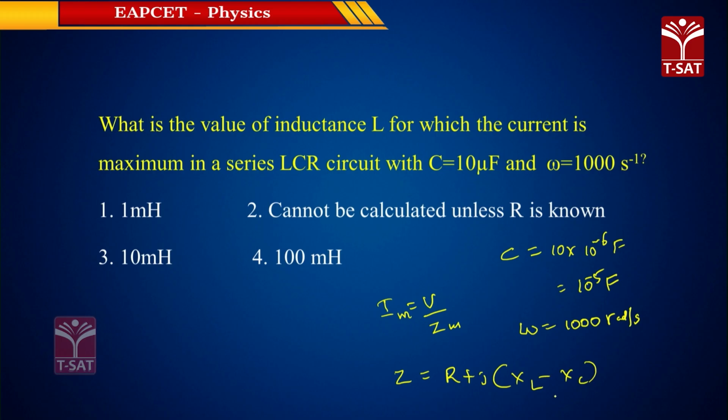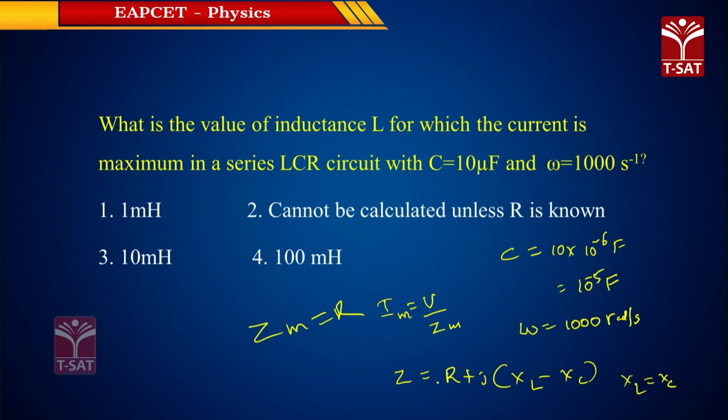In this condition XL is equal to XC, so this value is equal to 0. Therefore Zm is equal to R.